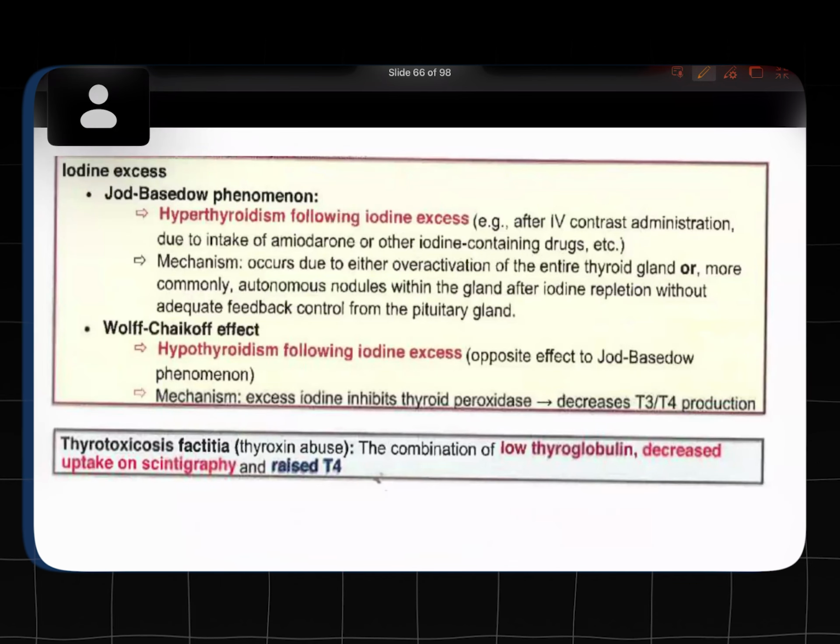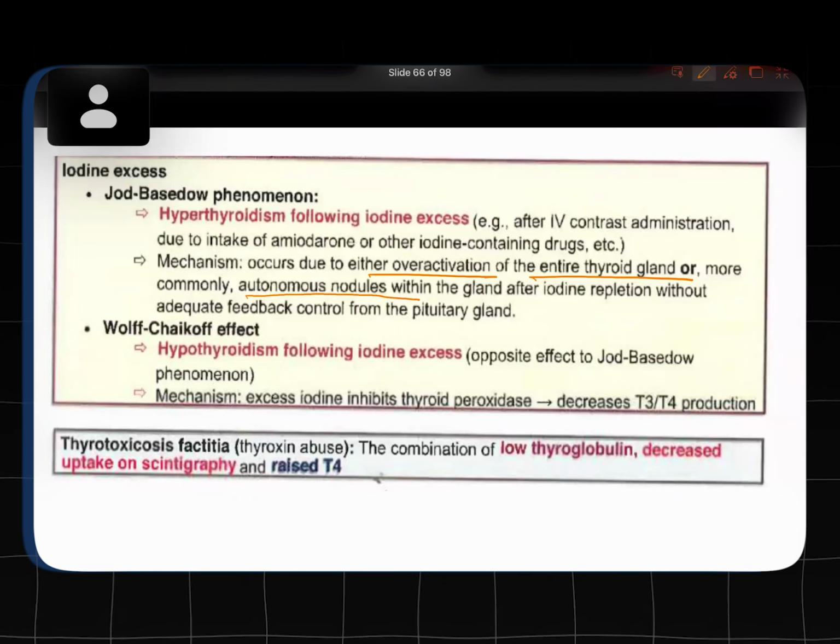The two phenomena, Jod-Basedow and Wolff-Chaikoff, come in the exam. If the patient has been on iodine for a long period of time or receives iodine-containing contrast, then the patient may go into the Jod-Basedow phenomenon. It occurs due to overactivation of the entire thyroid gland or because of activation of some autonomous nodules.